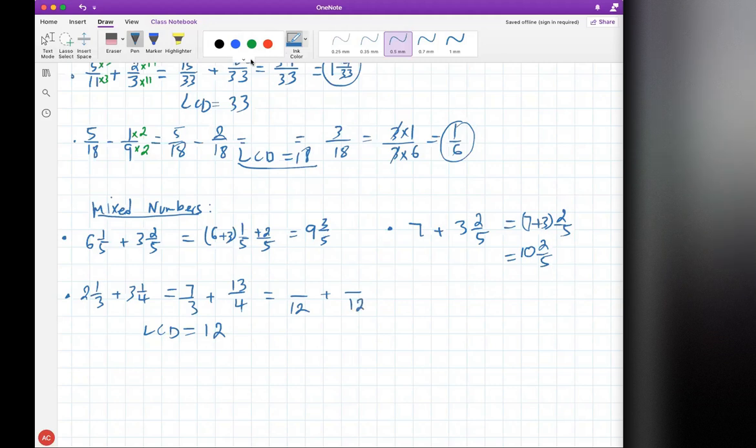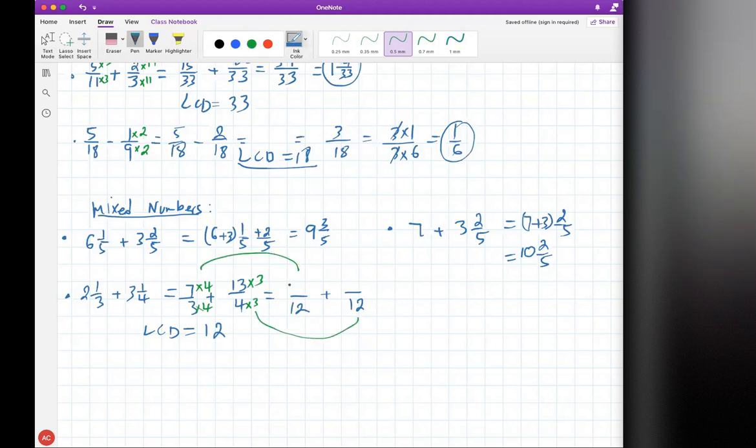The first one, we need to turn into 12, so we need to multiply it by 4. The second one, we're going to multiply by 3.